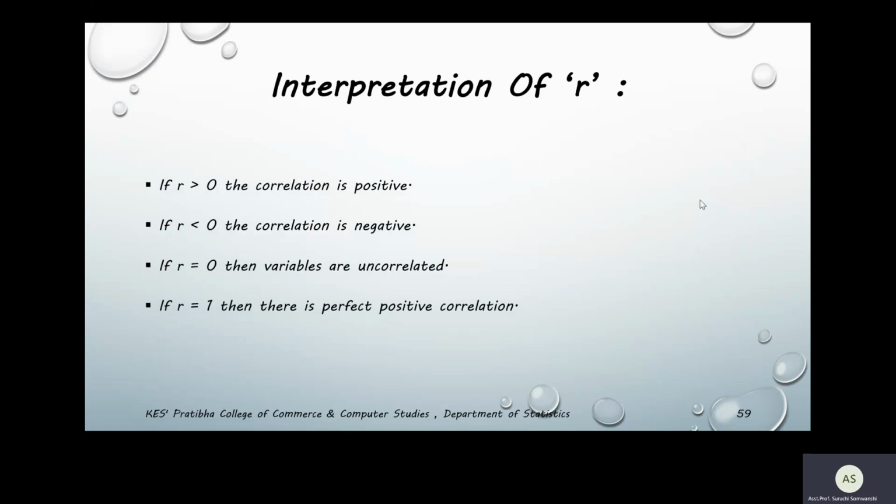If we get R exactly equal to 1, then there is a perfect positive correlation between the two variables. And if we get R equal to minus 1, then there is a perfect negative correlation between the two variables. We have to remember this interpretation for concluding the value of R, or the correlation between the two variables, using Karl Pearson.